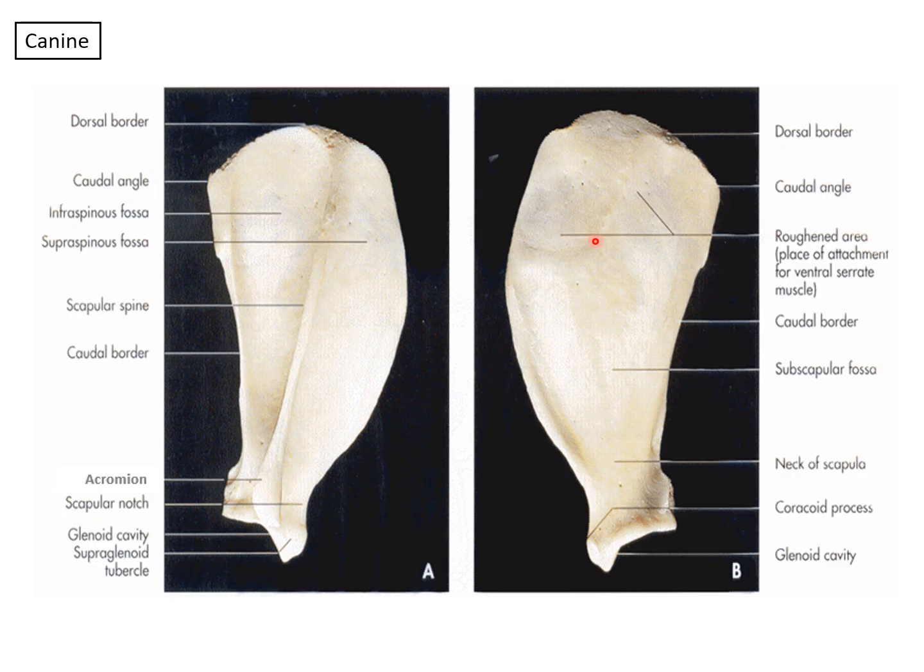This is a further description just to show you the different portions or parts of the scapula. Okay, this is a lateral surface. This is the medial surface, and these are the different parts and names.